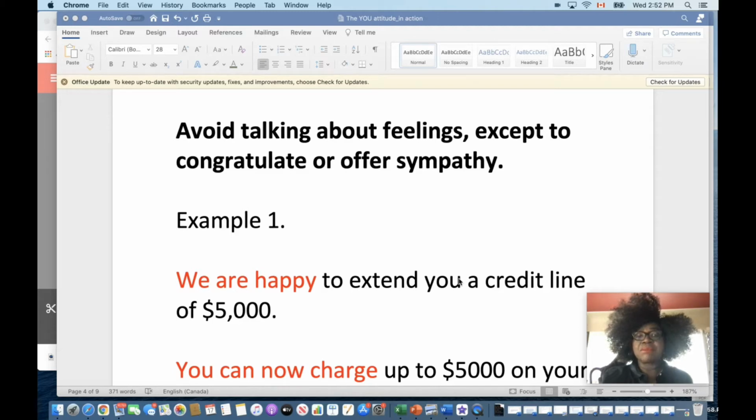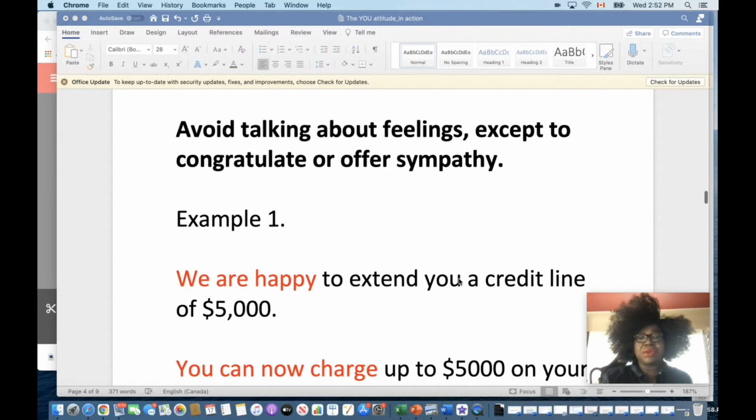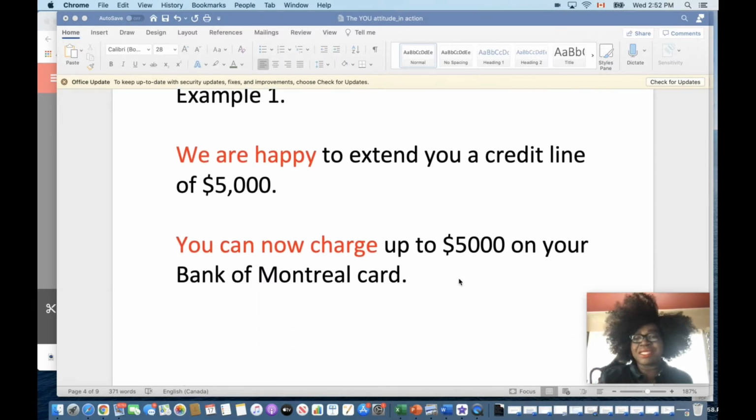Now, the second way you can show the you attitude is when you avoid talking about feelings except to congratulate or offer sympathy. So, we are happy to extend a line of credit of $5,000. Nobody cares about your emotions, especially in business communication, and the reader usually couldn't care less if you are happy or not.